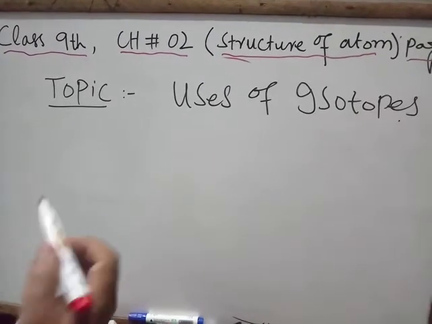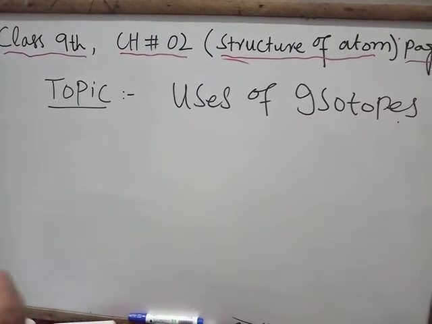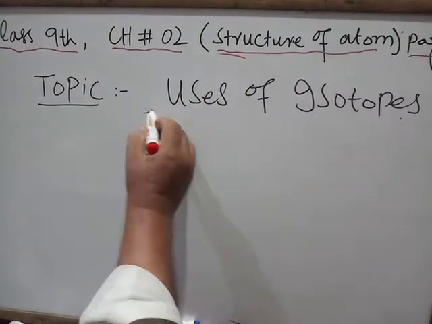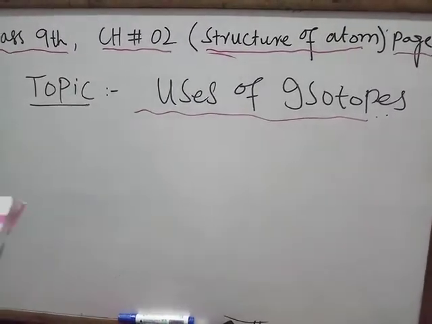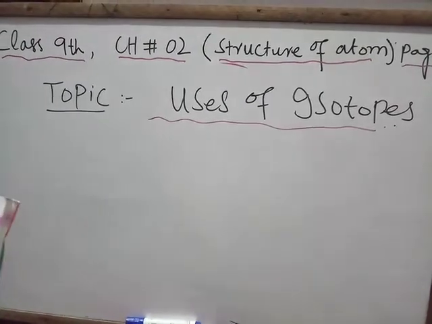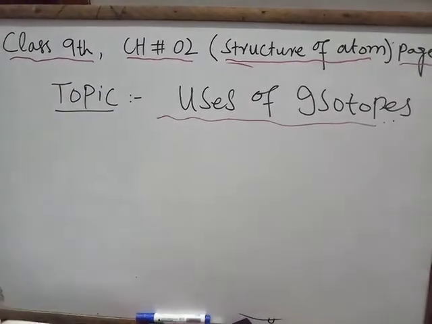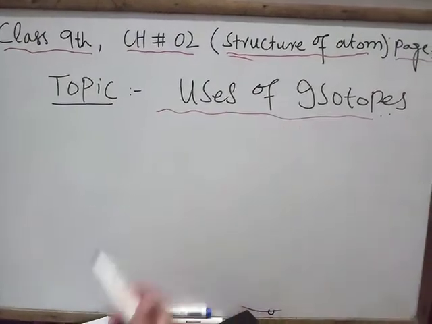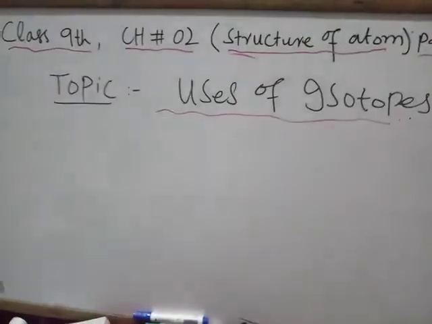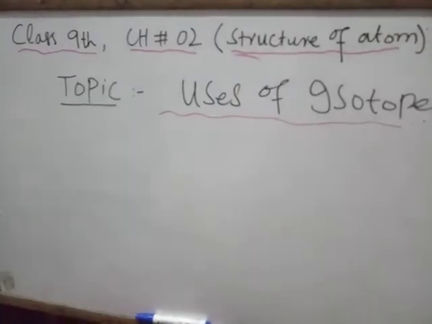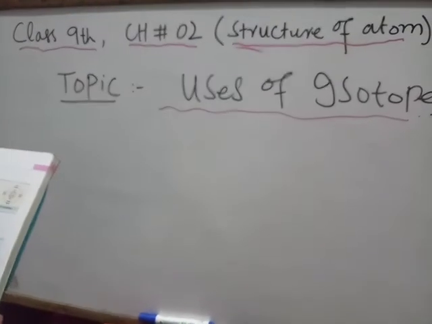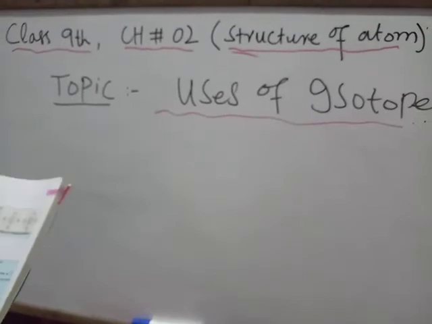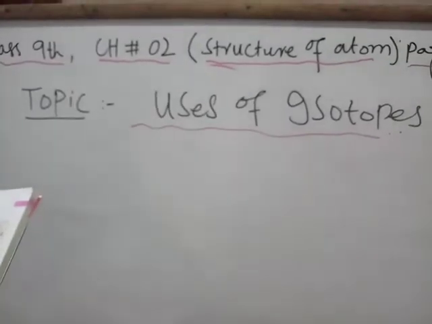Students, now we will discuss another topic, uses of isotopes. This topic is given at the bottom of page 35 of chapter number 2, atomic structure or structure of atom. When you arrive at page 35, check the bottom, there is topic 2.2, uses of isotopes.